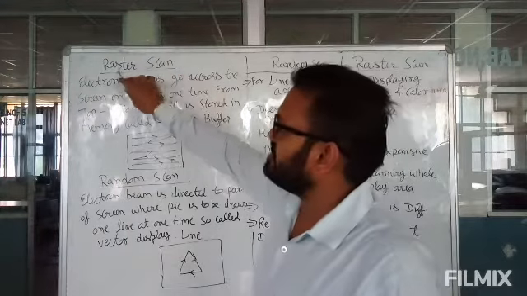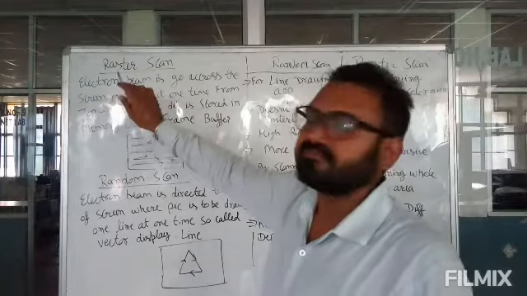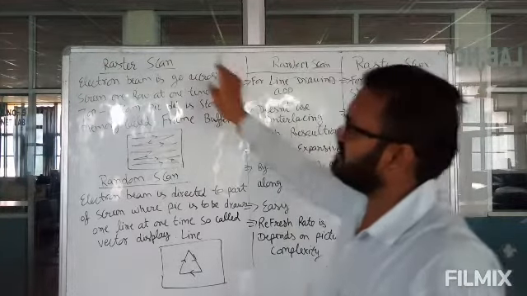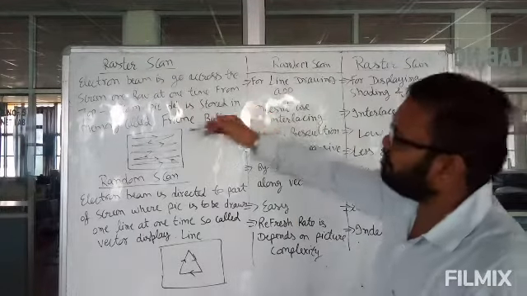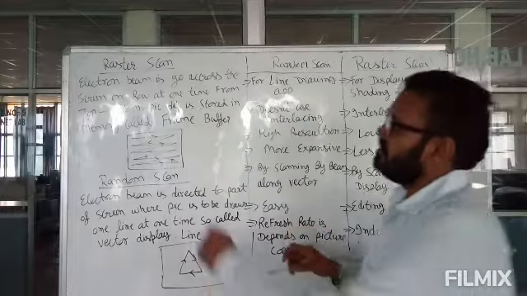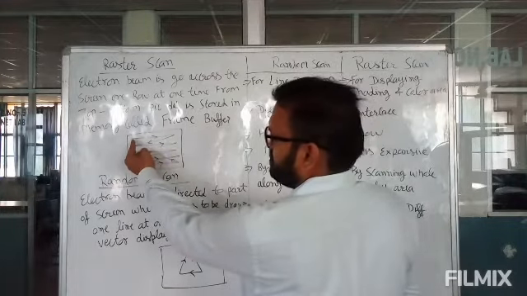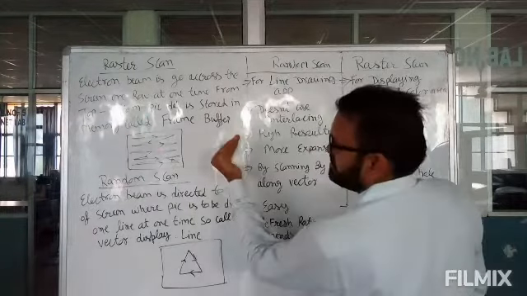What is raster scan? In the raster scan, the electron beam goes across the screen one row at a time from top to bottom. The electron beam starts from the first row and is scanned from left to right.